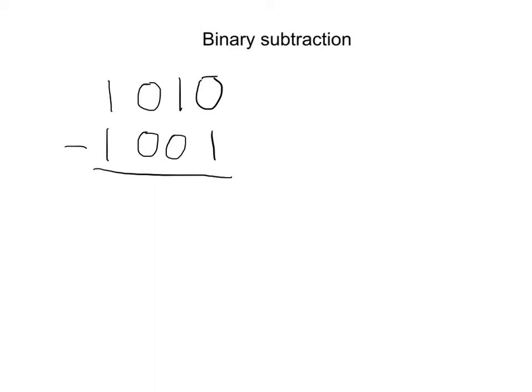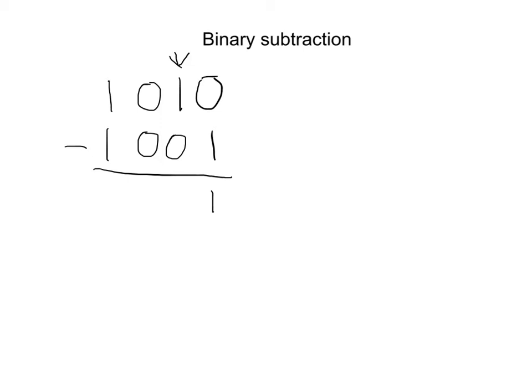Now I borrow it from this one, and it goes over. But now it's 1, 0. Now 1, 0 would always equal 2. So 2 minus 1 equals 1. So I write a 1 here.